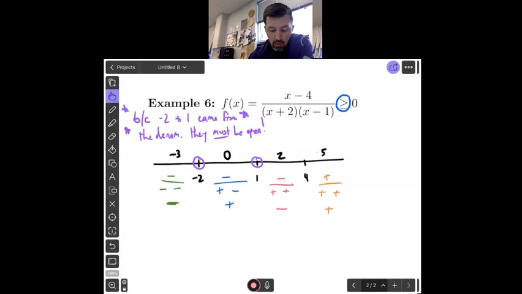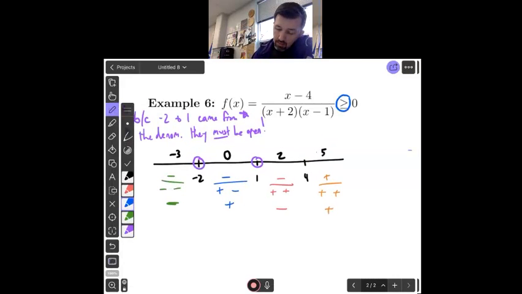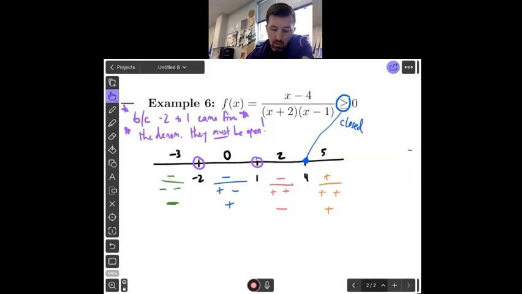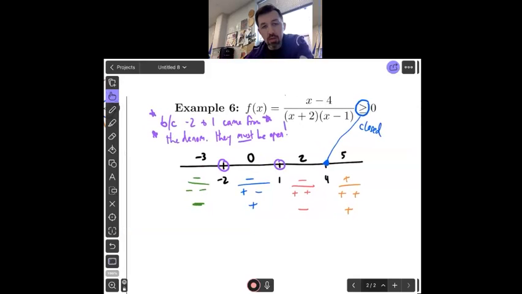Otherwise you can follow the sign, right? So that means this is going to be closed. This is only something you have to worry about if you have a rational function, in that they won't necessarily just follow the sign. If this had been just greater than, then they all would have been open. Okay. Does that make sense? Why those two have to be open, but the other one is closed?